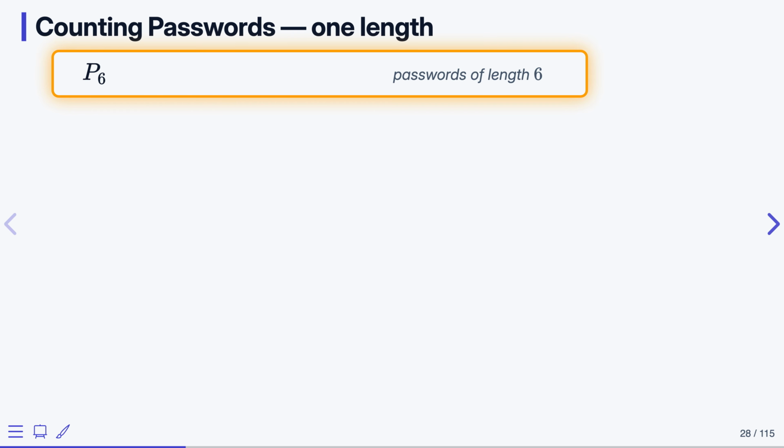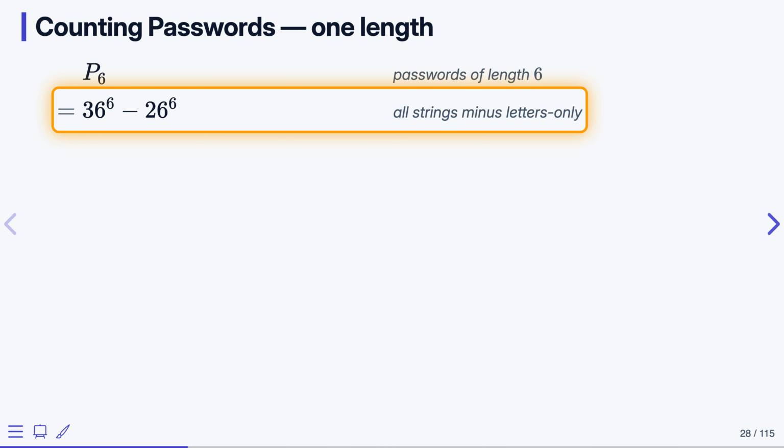Let's do one length in full. Line 1. We want P6, the number of passwords of length 6. Line 2. Count every string of 6 characters, then take away the strings that use letters only. That is 36^6 minus 26^6.